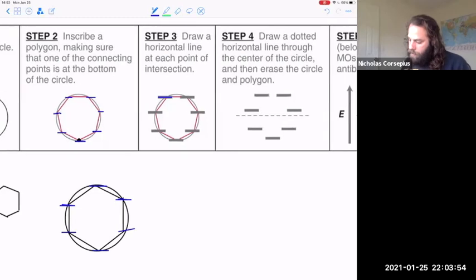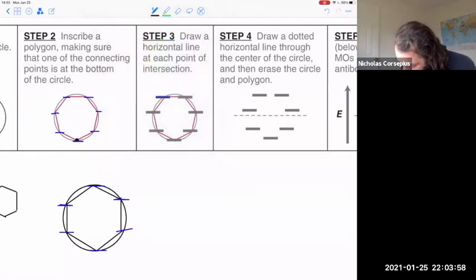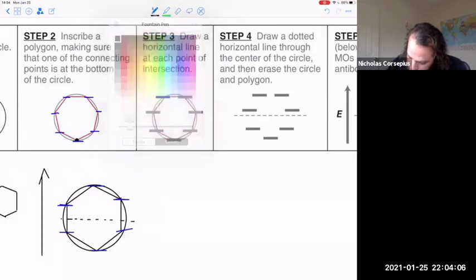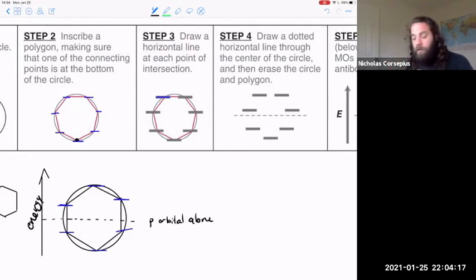Now you're going to draw a dotted line through the very center, and that represents the energy. So we have increasing energy. This is the energy of the p orbital alone, or an electron when it's in the p orbital all by itself.